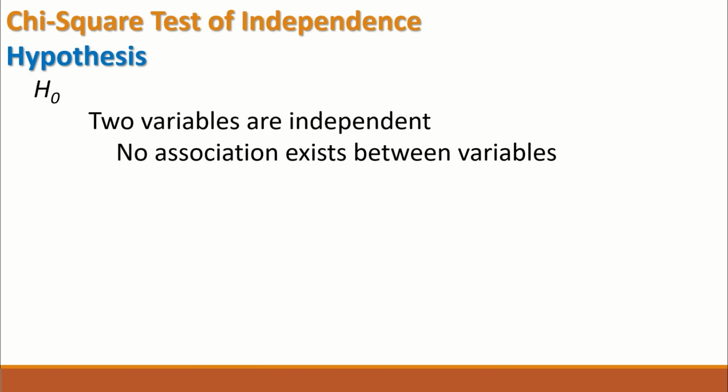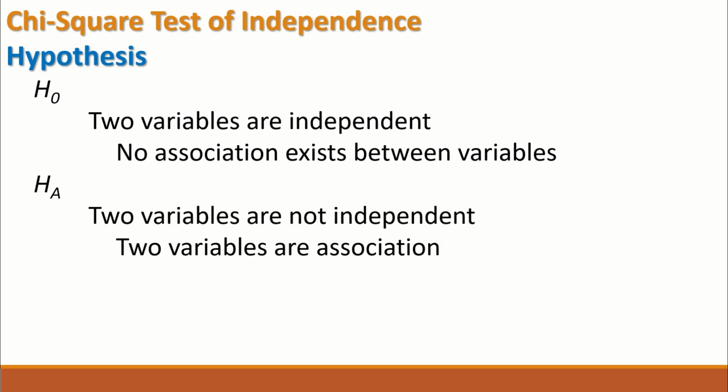The null hypothesis will state that the two variables are independent, i.e. there is no association between the two variables. The alternative hypothesis will state that the two variables are not independent, i.e. there is association or relationship between those two variables.